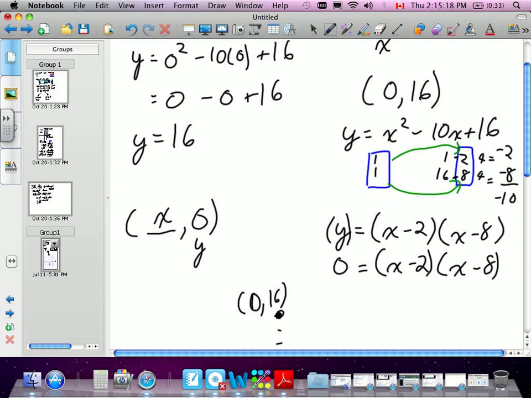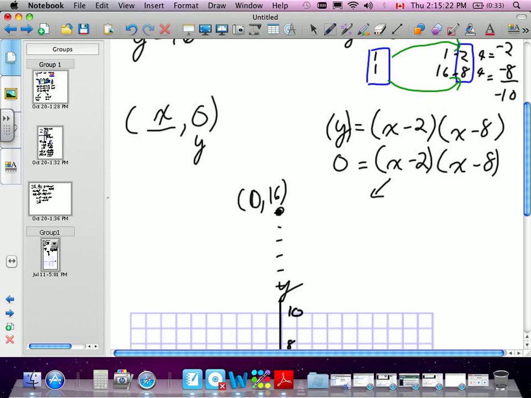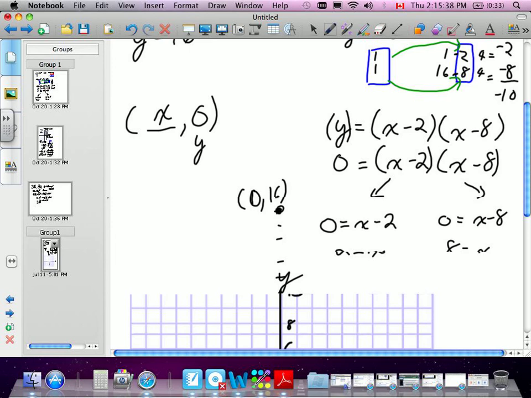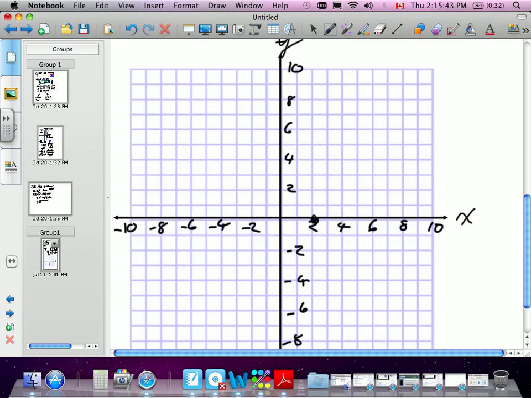So I split it into 2. I have 0 is equal to x minus 2, and 0 is equal to x minus 8. So 2 equals x. 8 equals x. So our two x-intercepts are at 2 and 8.